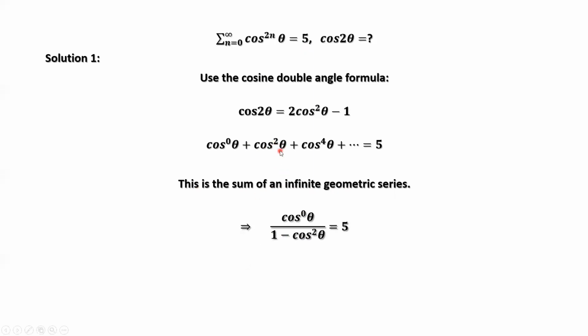Because cosine theta is not equal to 1 or negative 1, this implies the common ratio is between negative 1 and positive 1. Therefore, this sum is convergent.